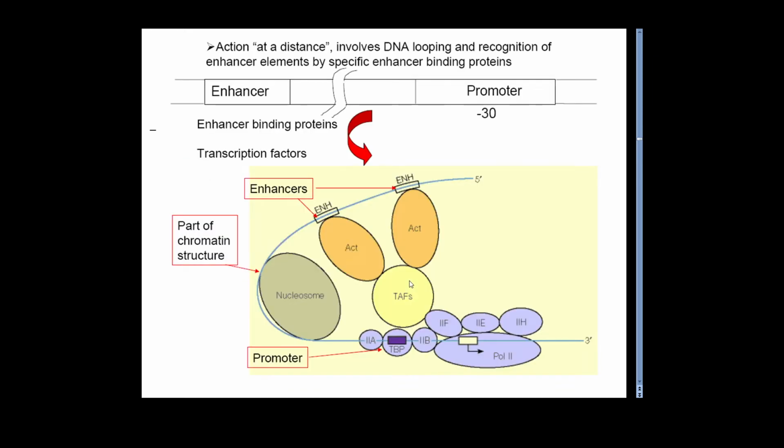Now you can see an example of how it's possible to regulate transcription by a sequence localized far from the promoter region. It results from folding of DNA, decreasing the distance between enhancer regions and promoter regions.